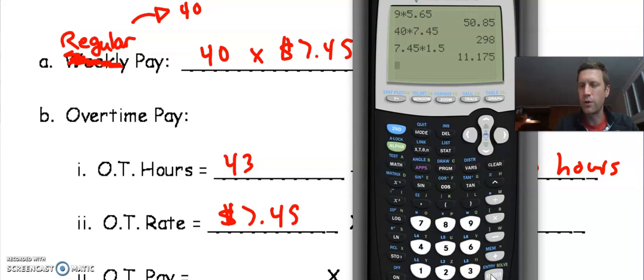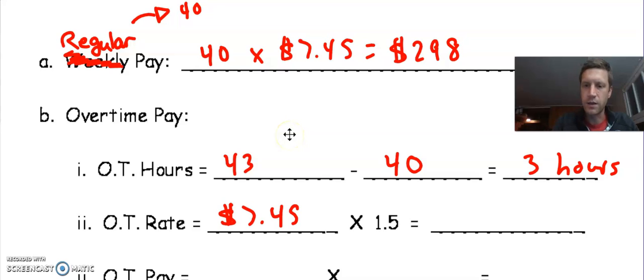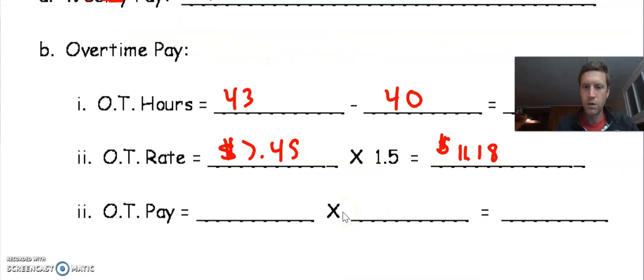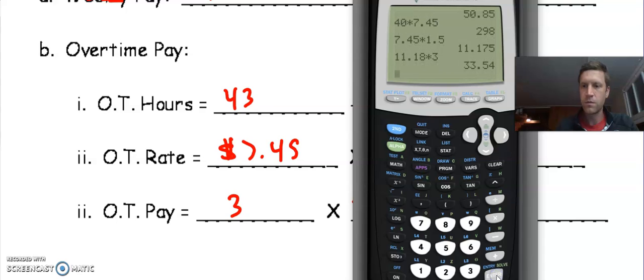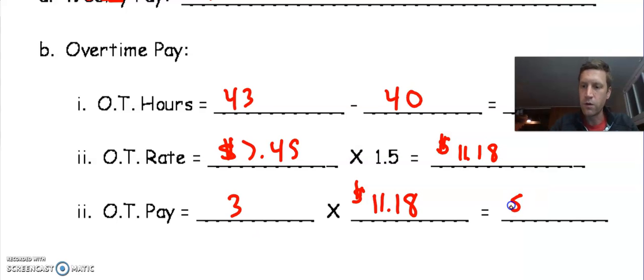So 11.175, we'll call that 11.18 because that third decimal is a 5 or bigger. So 11.18. Overtime pay, 3 hours times the $11.18. I get $33.54.